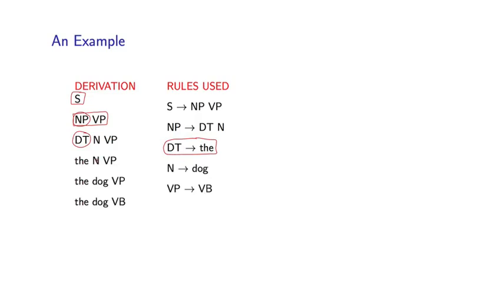And we can keep going like this. And finally, we end up with a sequence of words. Okay, so a complete derivation always ends up with a string where every word in that string is a word in the language, i.e. every element in this string is a member of sigma.